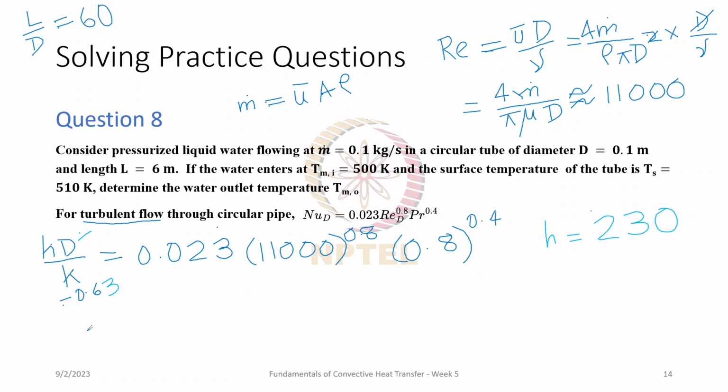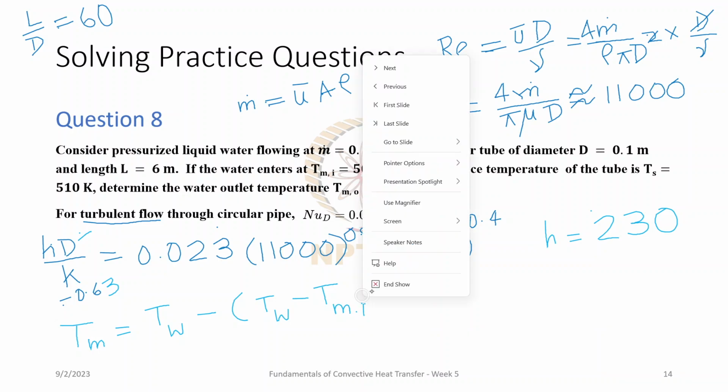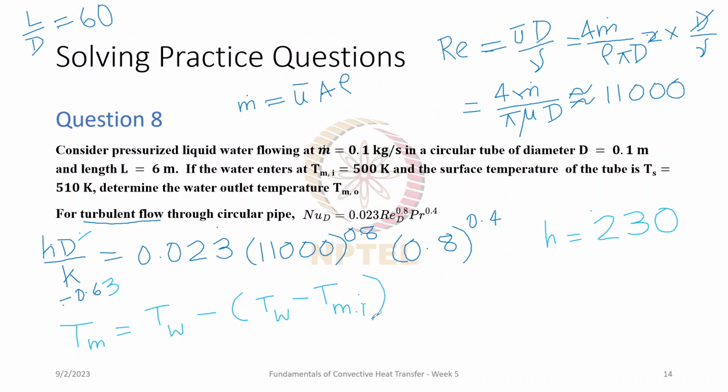Then you have to plug in the expression for the bulk mean temperature in an isothermal pipe. So Tm there is given as T wall minus (T wall minus Tmi, that is the inlet temperature) into e to the power minus all that we saw.